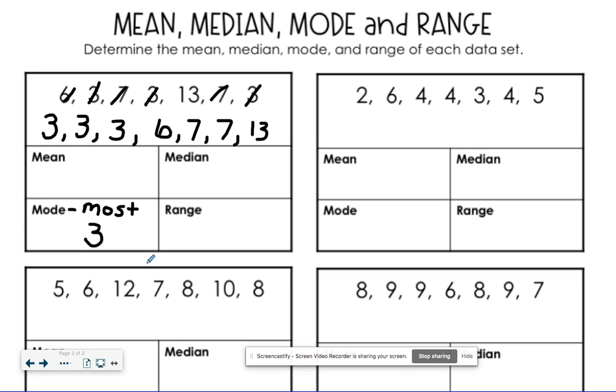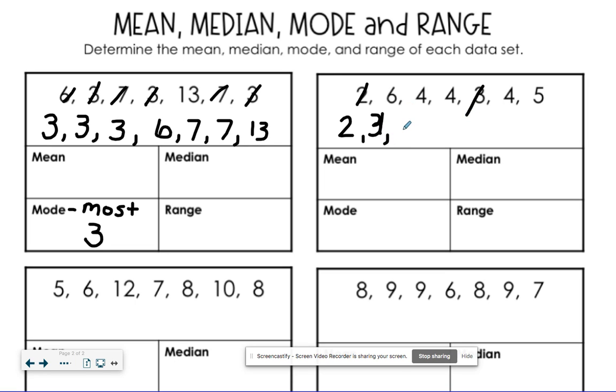Now, what you probably have noticed is this is actually the example that was used in our first demonstration. So I'm going to move on to the next one just to give you another glimpse. First step, put them in order. See, Mrs. Barrett should be writing them down and crossing them out as she goes.